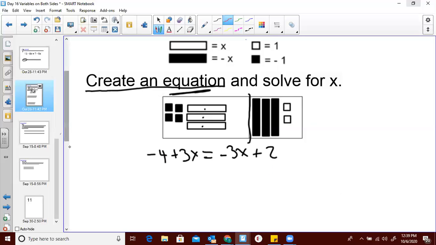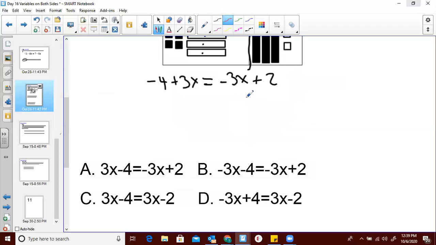All right, so if this was multiple choice, you just want to come down here and match it up. So I'm going to look for a negative 4. Oh, well, I know that I mentioned earlier in the year, the more appropriate or accepted way to write out math is usually you put your variables in front. So this is the exact same thing as I have above, except I've just moved my positive 3x in front of my negative 4.